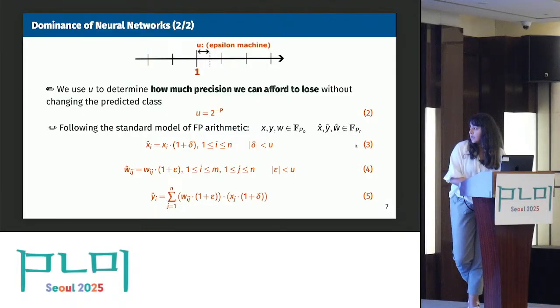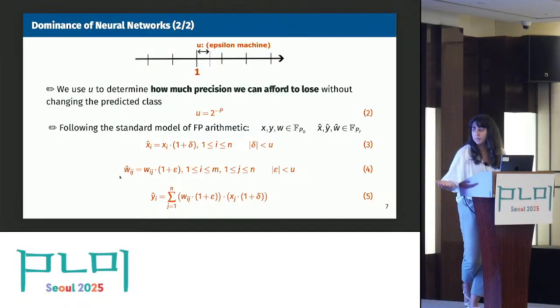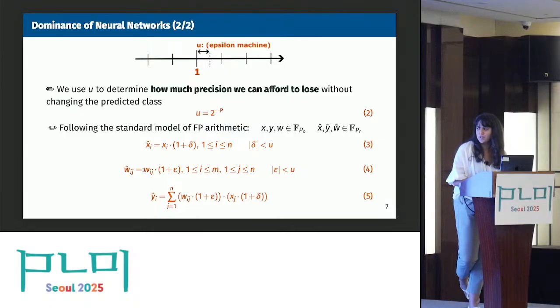Equations 3, 4, and 5 are the definitions of x hat, which is x times 1 plus a certain error, w hat, which is the matrix of weights in floating point original precision times 1 plus a certain error, and y hat, which is the result of the dot product.